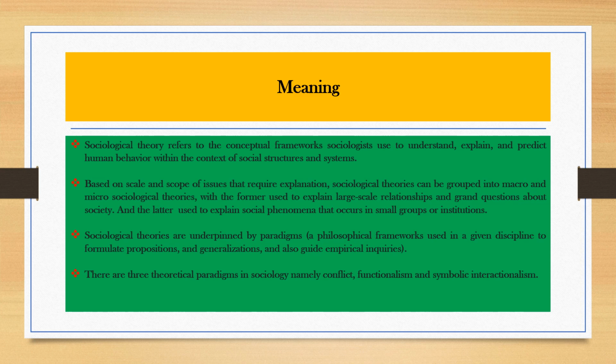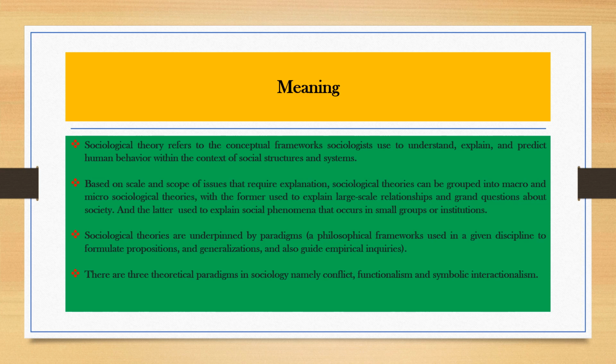For instance, a researcher that is interested, say, to study efficiency broadly in government might find it useful to use macro theories because government is large, it is complex, and it has a lot of issues that requires a proper understanding. And in that case, we apply theories that allow us to understand and explain issues on a large scale basis, and that is macro theories.